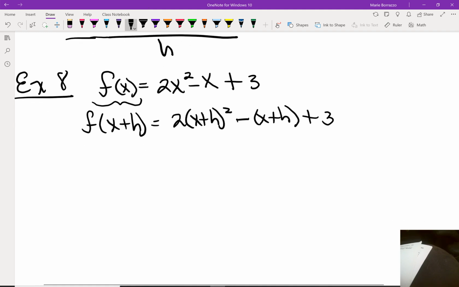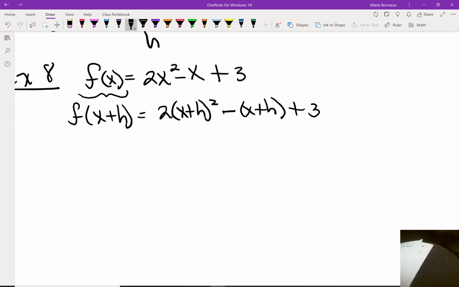So what's going to happen is you have to FOIL this part. This is where students always forget. So you have 2 parentheses, and this becomes x squared plus 2xh plus h squared.